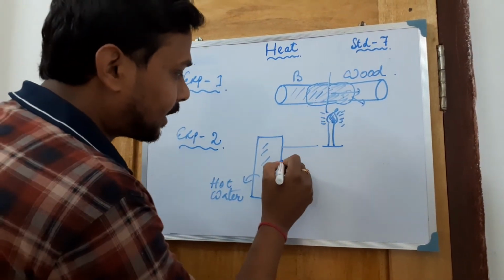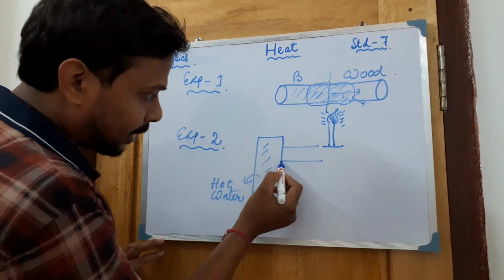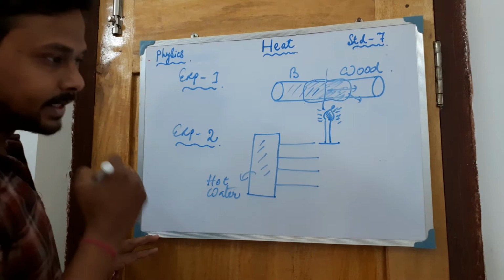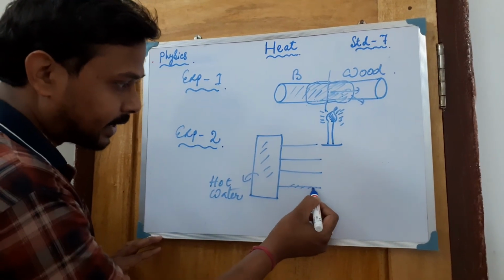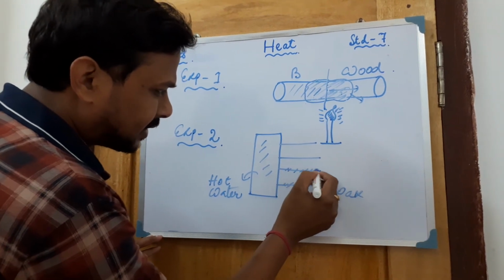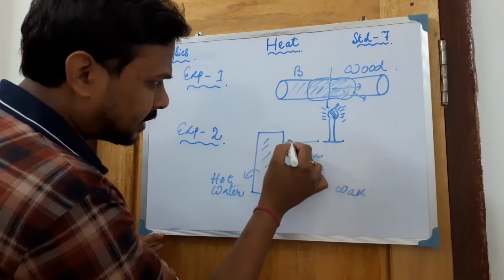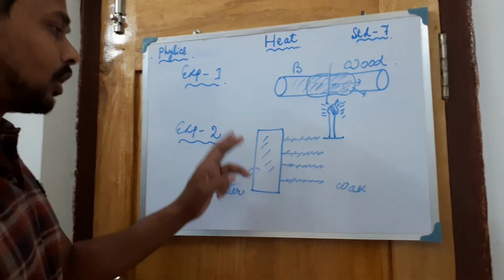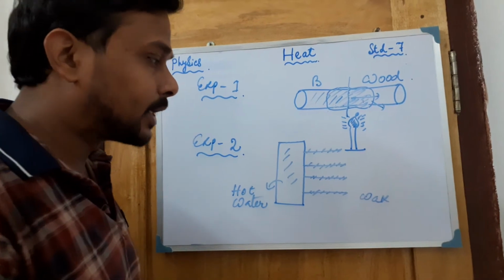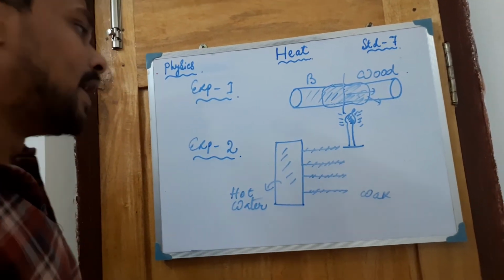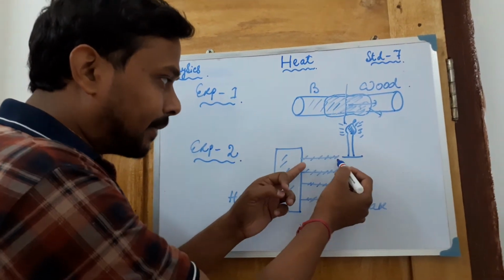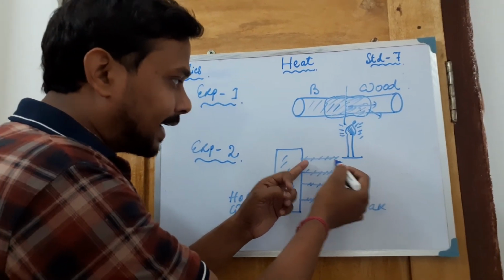A few materials are inserted into drilled holes in this portion, and on every material wax is present. So hot water is present, definitely heat will be there, and the temperature is allowed to pass because these are all good conductors. Now if you see after some time, you can see the melting length of this wax.